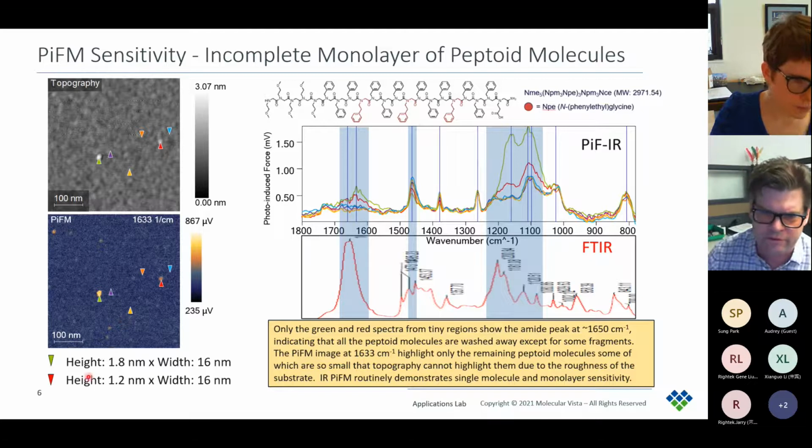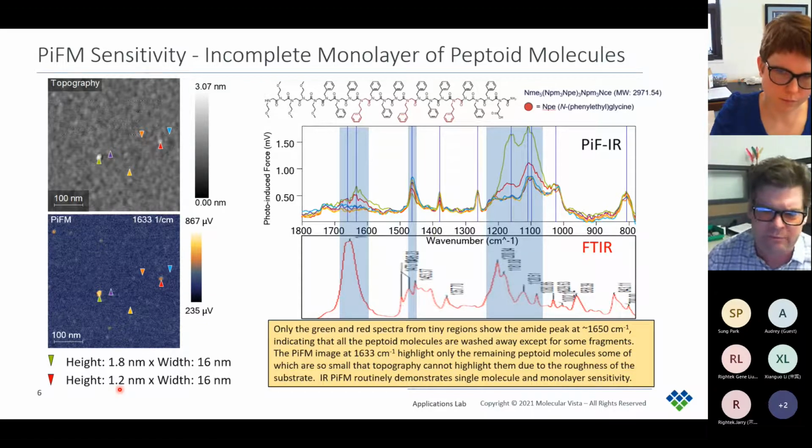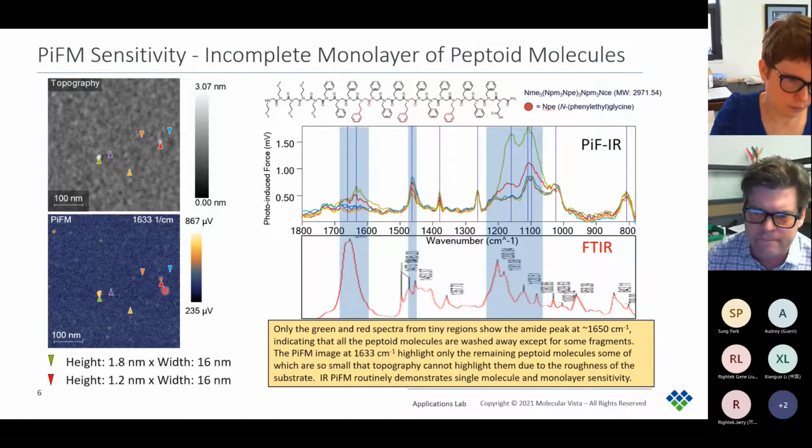If you look closely at this green arrow and this red arrow, we can tell you the heights because of the PIFM measurement. Particularly for the red arrow, we're about 1.2 nanometers tall, and the width's about 16 nanometers. That's going to be a little bit of tip convolution from the AFM, most likely, so the molecule could be slightly smaller than that for sure.